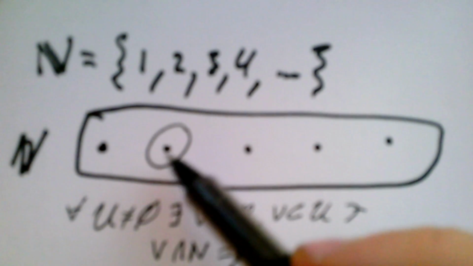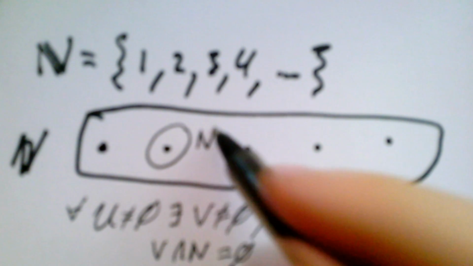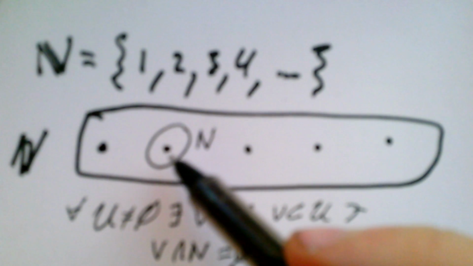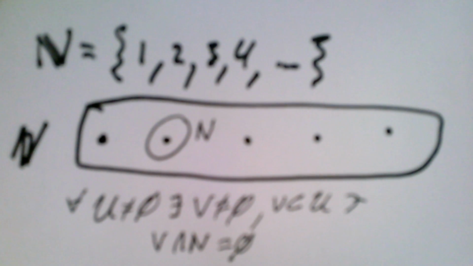So I claim that this set N that contains only this point is not nowhere dense. The opposite of nowhere dense is somewhere dense, so we're going to call it a somewhere dense set.